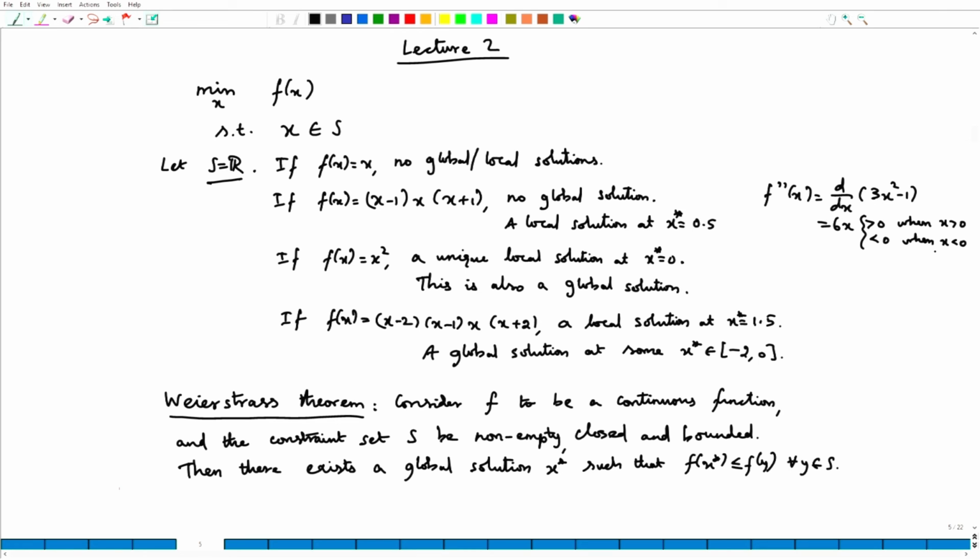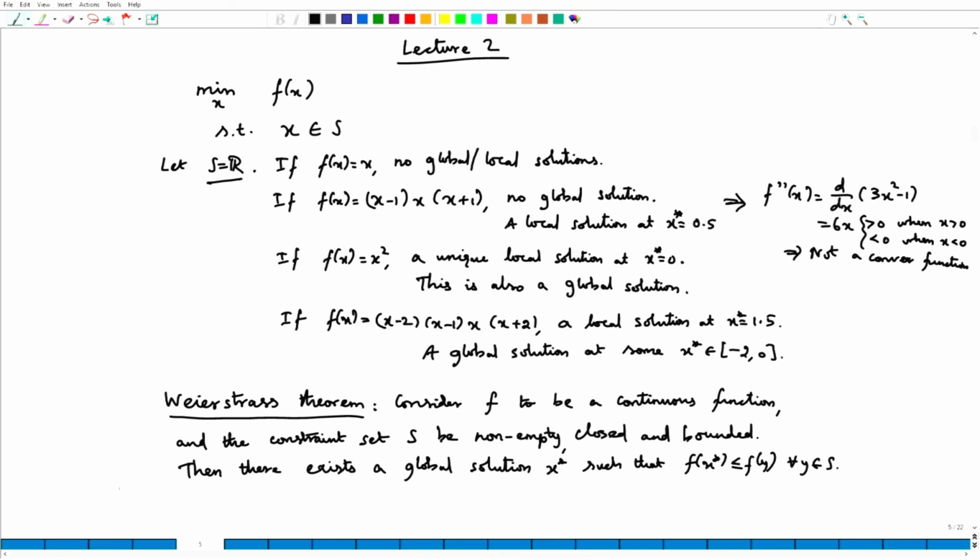So, this, as you can see, is not a convex function. Okay. So, it implies that this is not a convex function, and thus you actually have a local solution which is not a global solution.